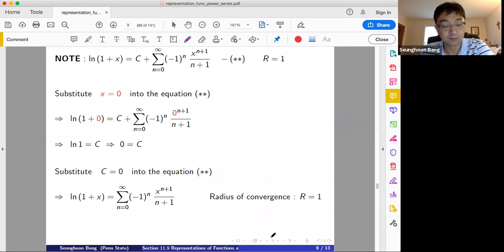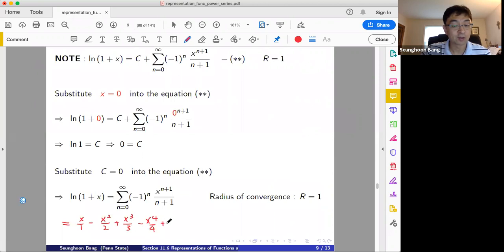The next tip. I want to change this one a little bit. Only plug 0 into here. Minus 1 to the power 0 is just 1. Plug 0 into x, and we have x over 1. Next, plug in 1: negative x squared over 2, plus x cubed over 3, minus x to the 4 over 4, and so on.